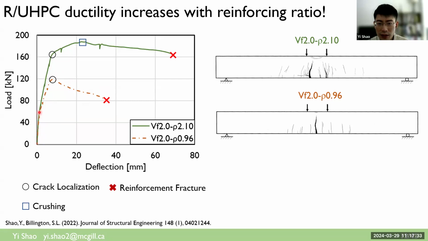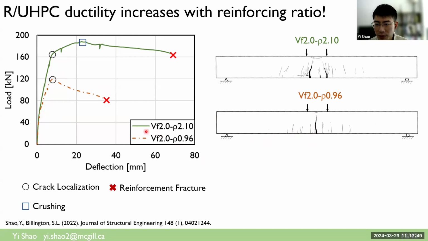So you can see there, for the orange line, the beam with low reinforcing ratio, UHPC shows a linear elastic behavior. After cracking, the stiffness reduced until we reach a point we call crack localization, which means one localized crack has started forming in the weakest plane of the beam.